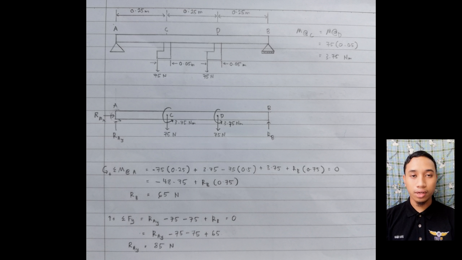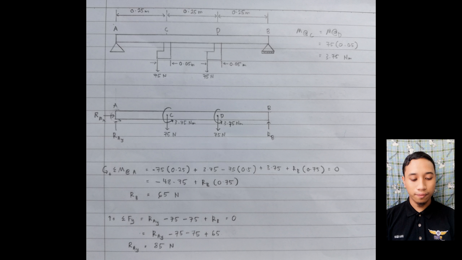So to find the value of the reaction at point A and point B, we must find the total moment, which we equate to 0, and then we get the reaction at point B, which is 65 Newton.